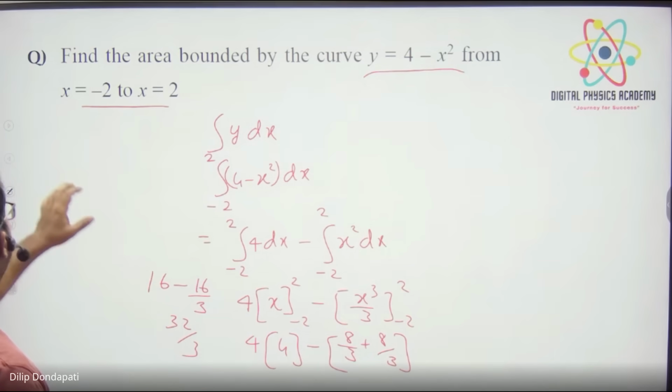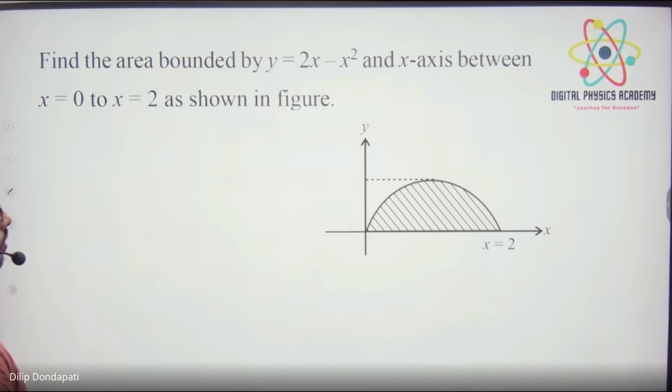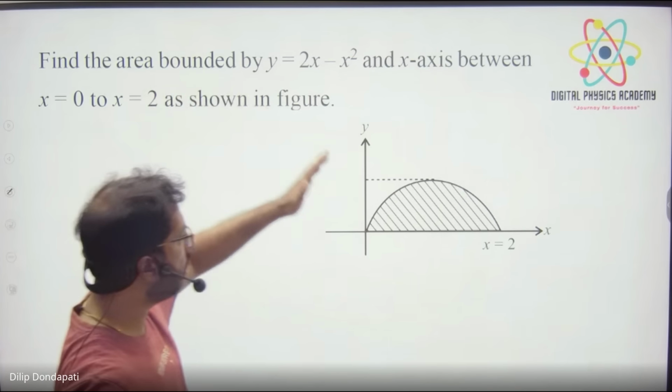Okay, next. Find the area bounded by the curve and the x-axis between the given limits. The diagram of the curve is also given.